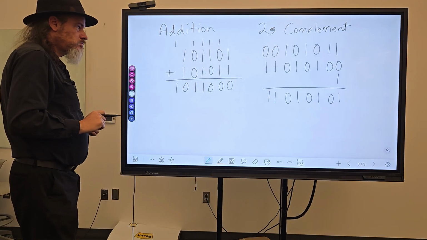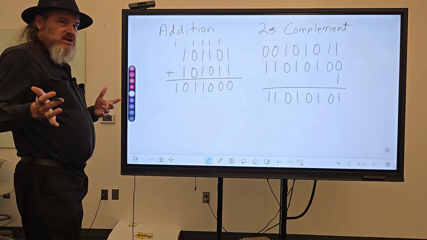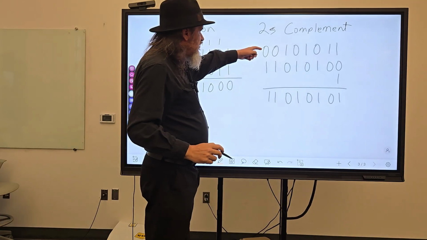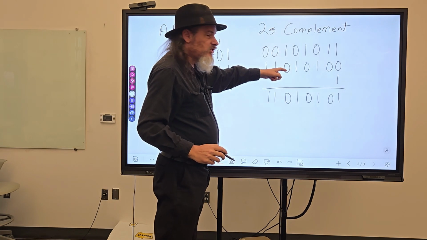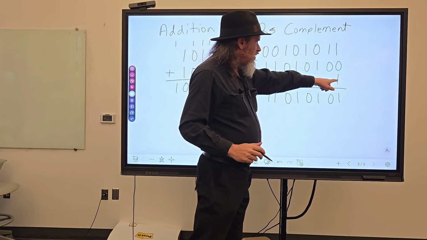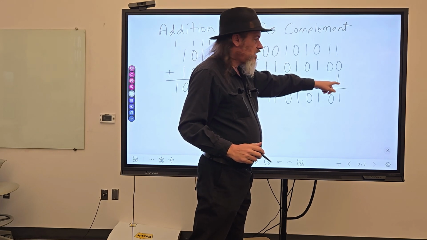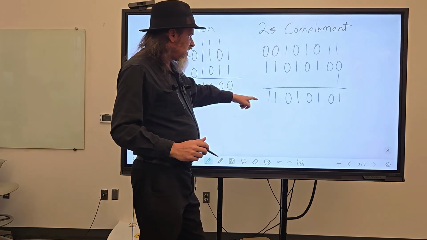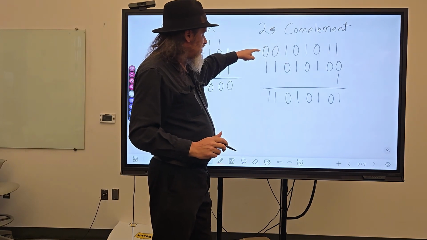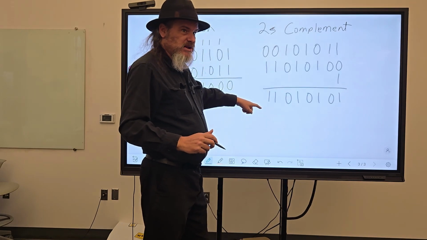Okay? See how I did that? Invert the bits, zeros become ones, ones become zeros. And then you add 1 to it, and you get the negative of this number in 2's complement.